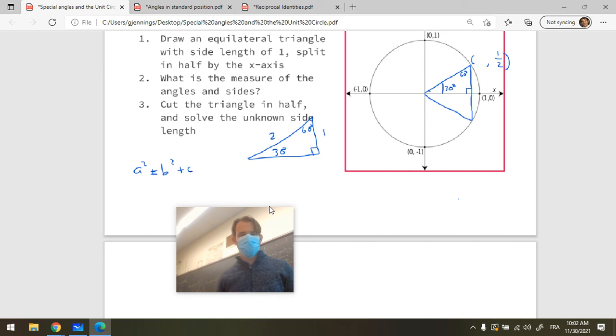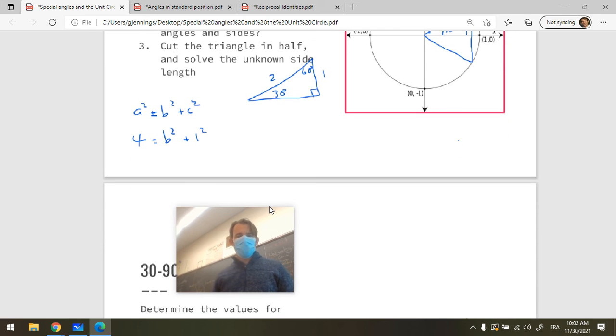I don't know this side here. Call it b. I know a is 2 squared, so that's 4, equal to b squared plus 1 squared. Then I subtract 1 from both sides because 1 squared is 1. So 3 is equal to b squared, and b is equal to square root of 3. You'll also call these the 1, 2, root 3 triangle. This side here is root 3 long.